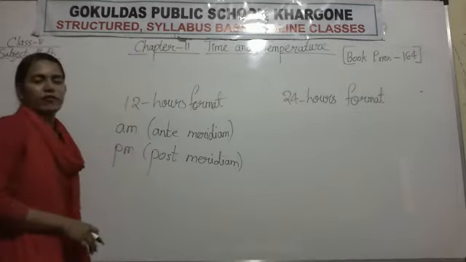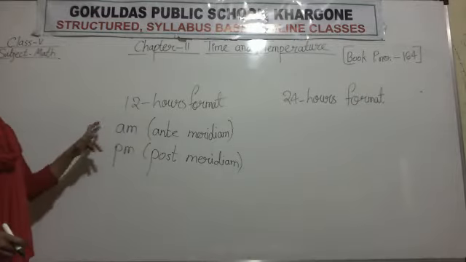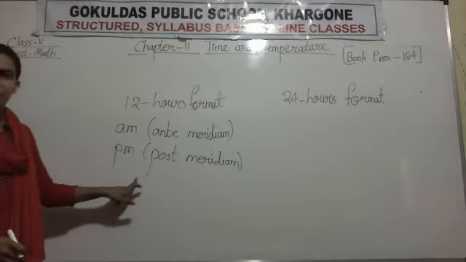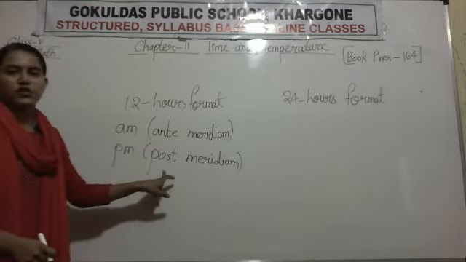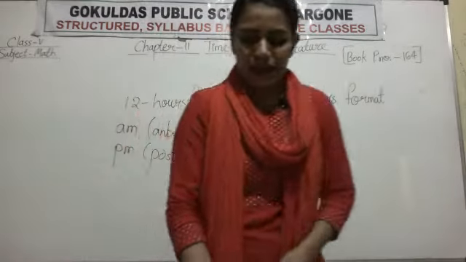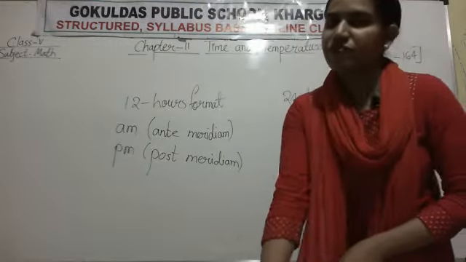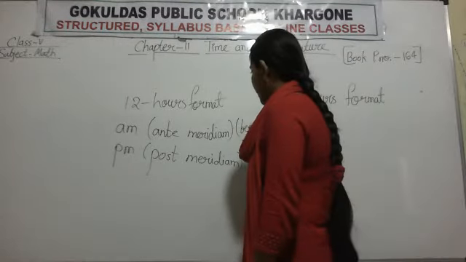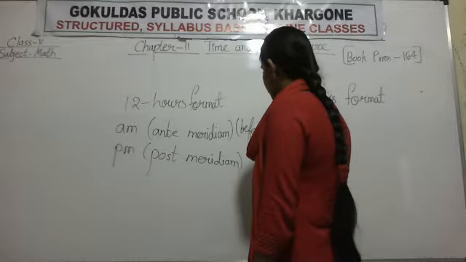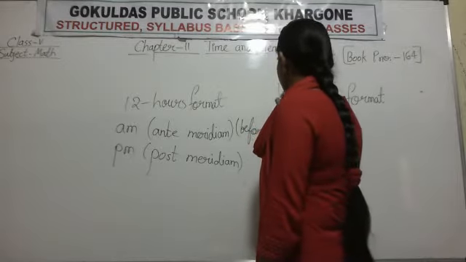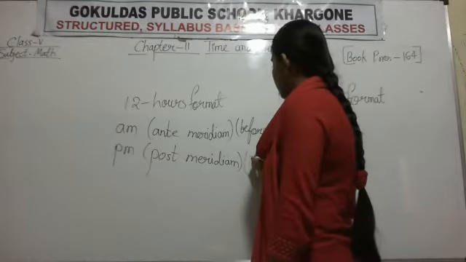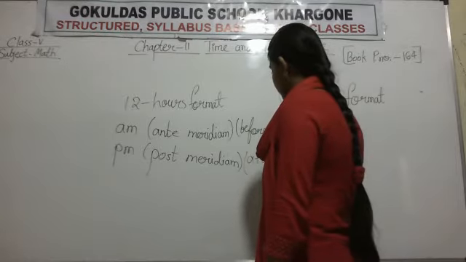In 12-hour format we use two notations, AM and PM. AM stands for anti-meridian and PM stands for post-meridian. AM means before midday, and PM means after midday.